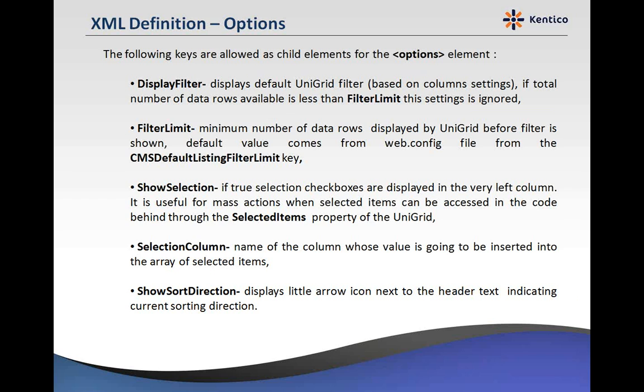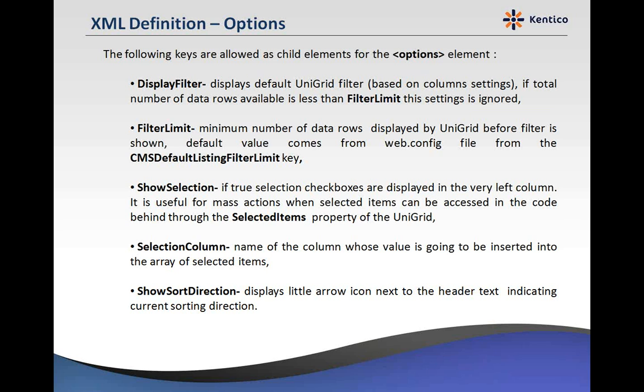If the amount of displayed rows is lower than the value of the filter limit key, the filter will be hidden despite the value of these settings. So the next key is filter limit that you can use to specify the value that will enable displaying the filter. If this value is not supplied, the value from the web config file from the CMS default listing filter limit key is used instead.